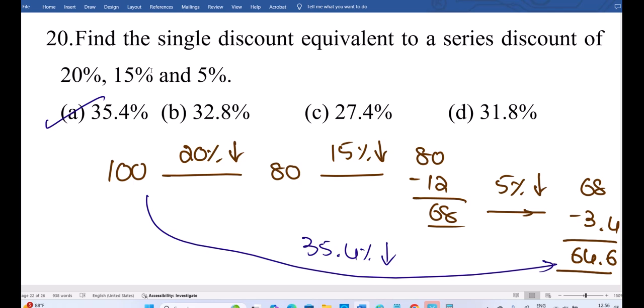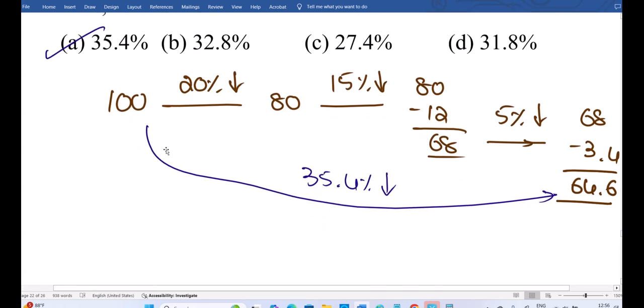It's equal to 64% only. Here also 20, 15 and 5 is not equal to 40, it is 35.4, because after the first discount, they give the next discount not with respect to the initial one. So 35.4, that's good learning. Option A, 35.4%. Three discounts are equal to a single discount of 35.4.